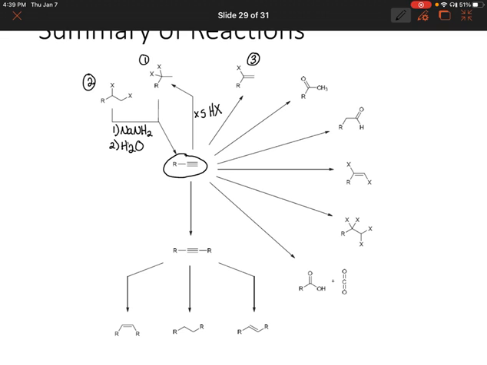So we just use one equivalent of HX. So that might be hydrobromic acid or hydrochloric acid, for instance. Okay, and then how would we make a ketone? So that will be product number 4.